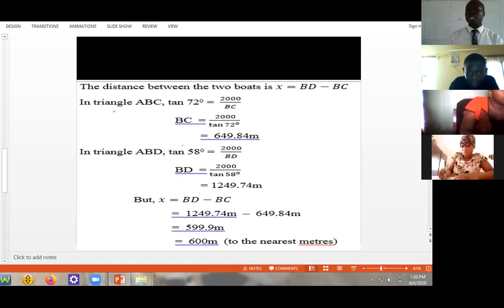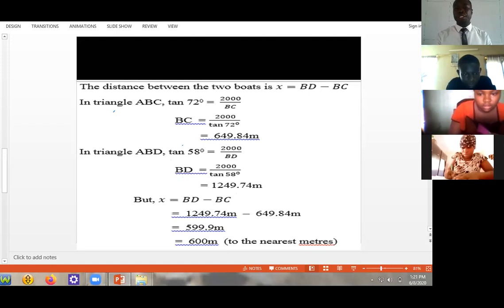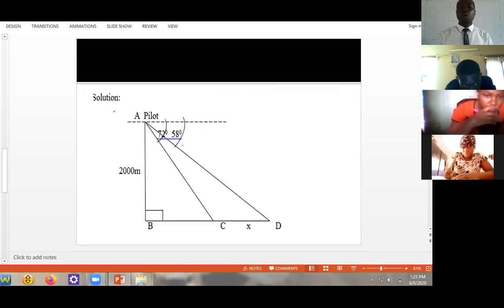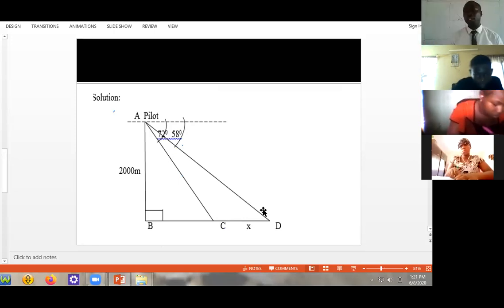After getting that, you now look at triangle ABD. That is the biggest triangle here.